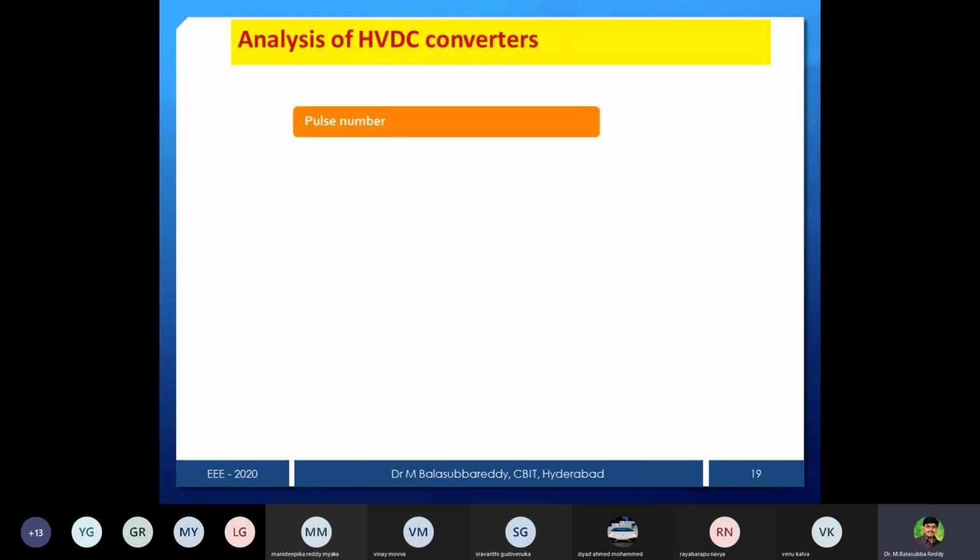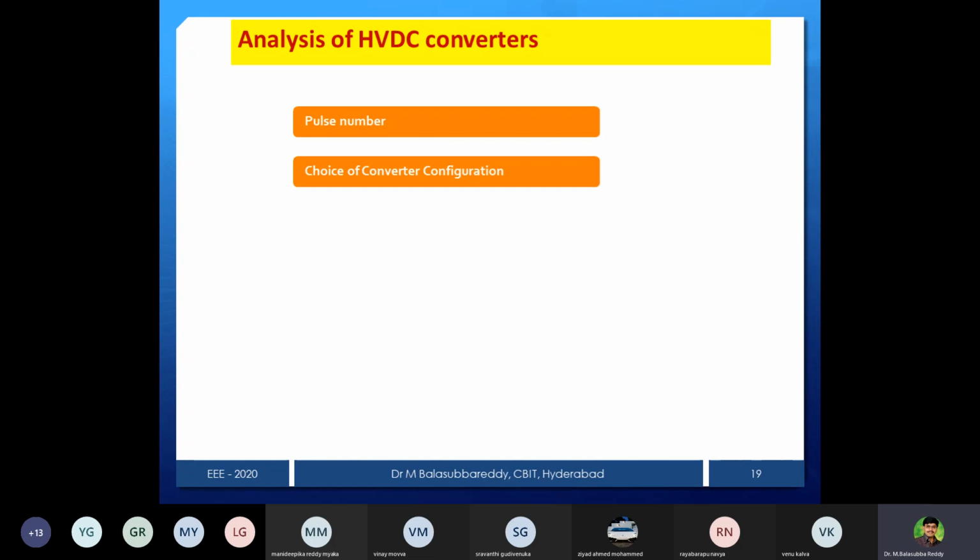There is the pulse number, because based on the configuration we can decide how many pulses are required. Another is the choice of converter configuration, because of the different kinds that were explained, which one is going to be better.